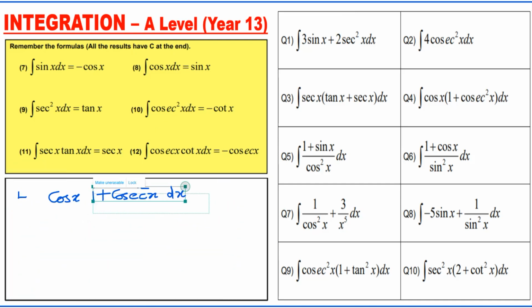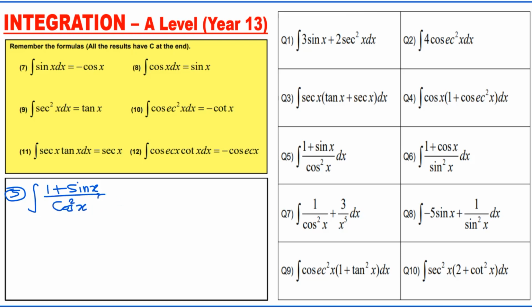Question number 5 is 1 plus sine x over cos squared x. So question number 5, integrating 1 plus sine x over cos squared x dx.